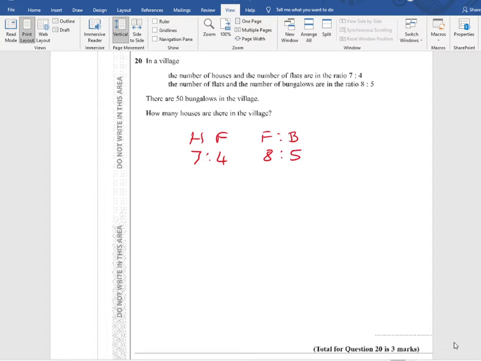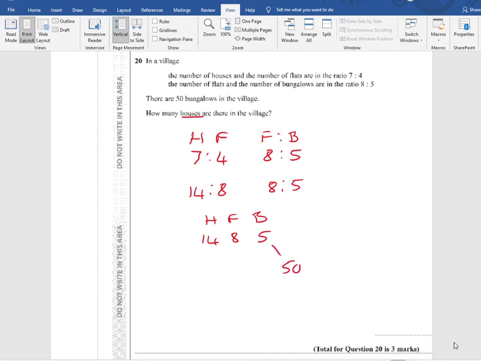Now the trick is to get the flats the same number, so we double it. So this is 14 and this is 8, and this is 8 and this is 5. Now we can merge to have houses, flats and bungalows as 14, 8 and 5. It says there are 50 bungalows.